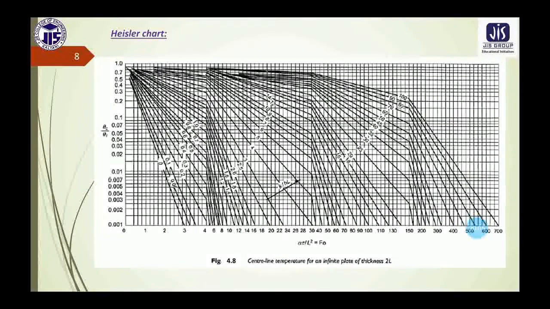So this is the Heisler chart in case of the infinite plate of thickness twice L. In the x-axis we can see the Fourier number, and in the y-axis the temperature history, theta naught by theta i. Here in the middle you can see k by hL written, which is 1 by Biot number, as Biot number is hL by k.